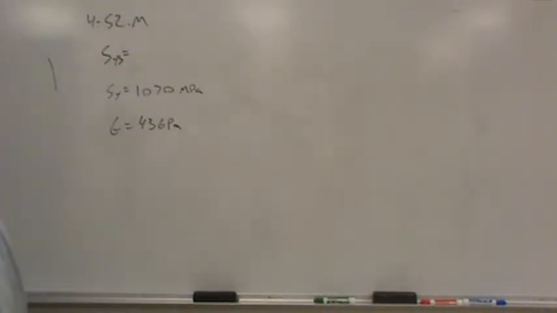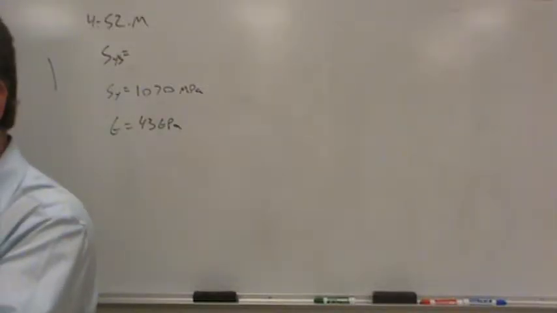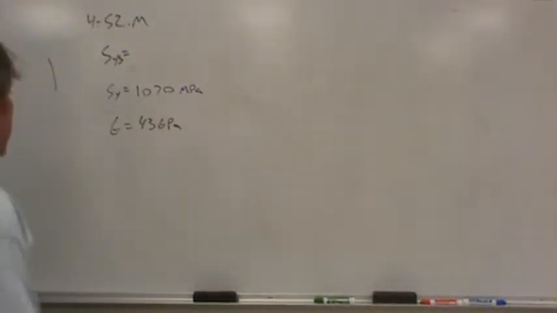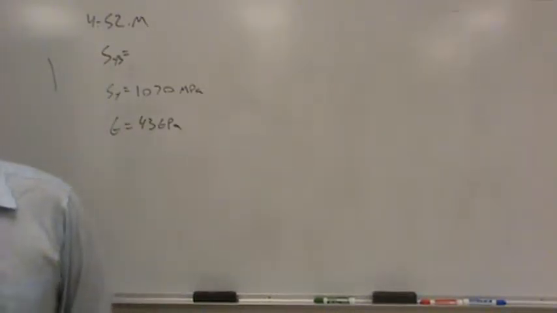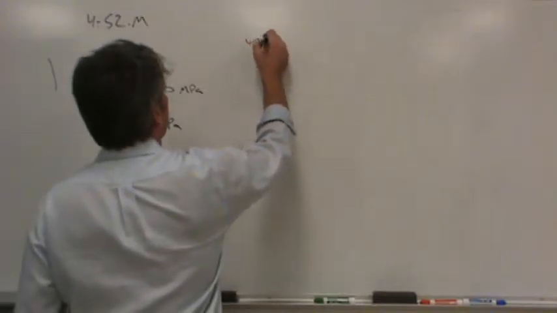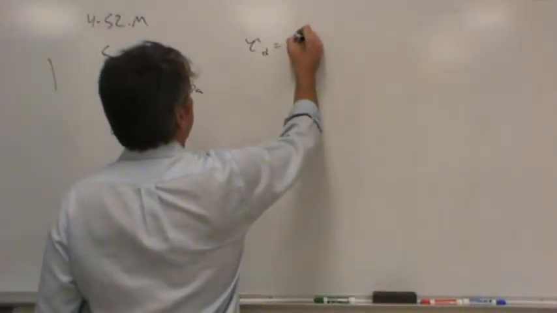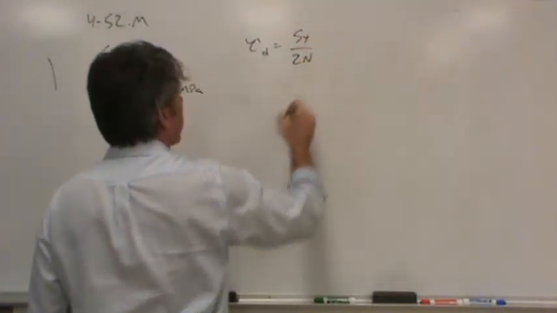Go back to page 202 and look at the top of table 4-1. You'll see that the design strength is listed as the yield strength over 2N.